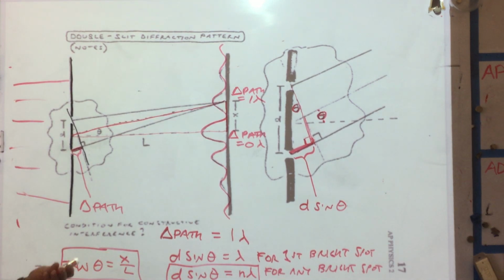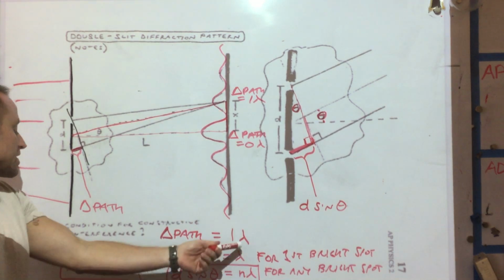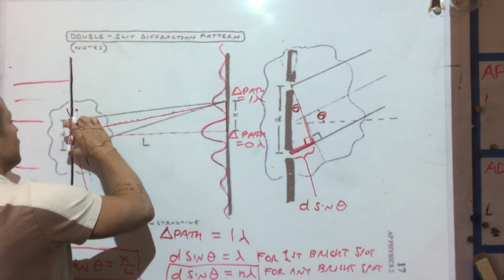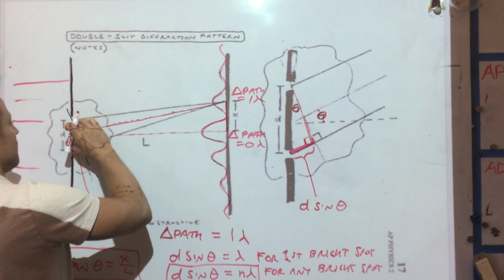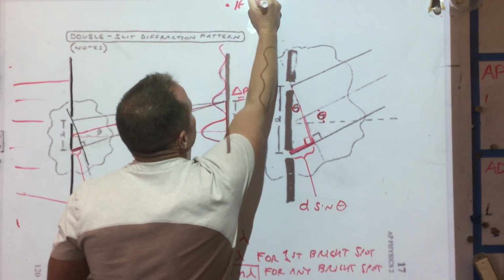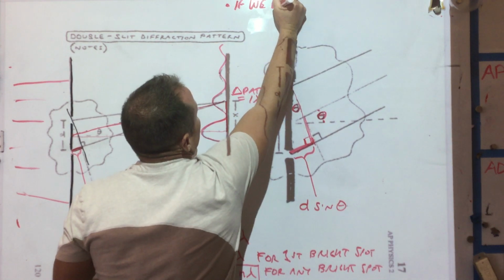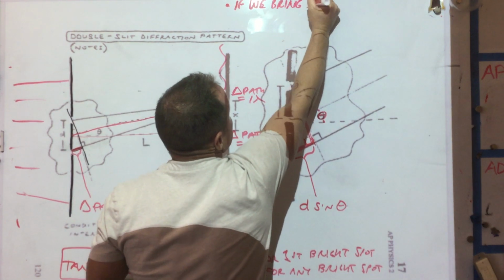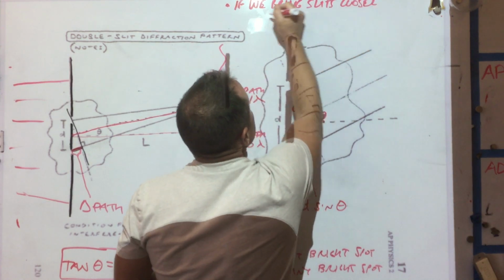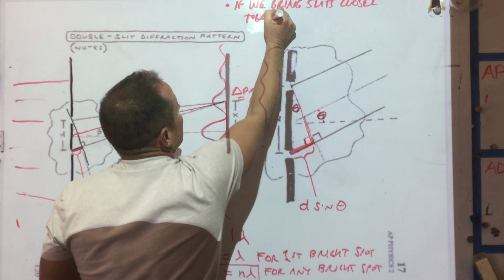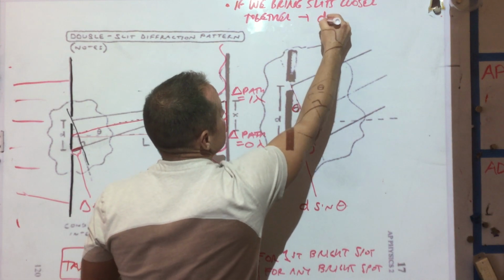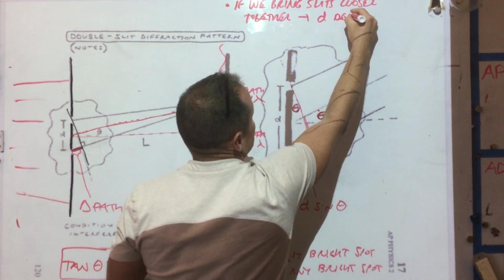What they like to ask, say on the Physics 2 exam, I'll give an example, is for instance, if you bring the openings closer together. So let's look at a couple cases. If we bring the slits closer together, what that would mean is that D decreases.